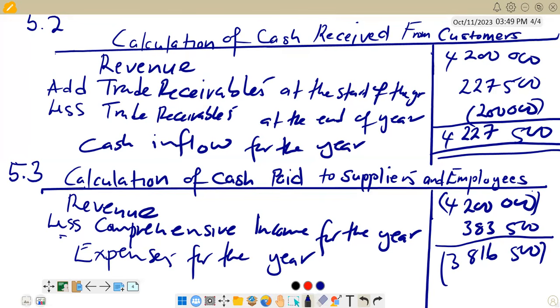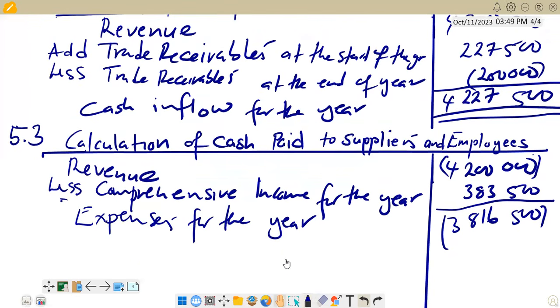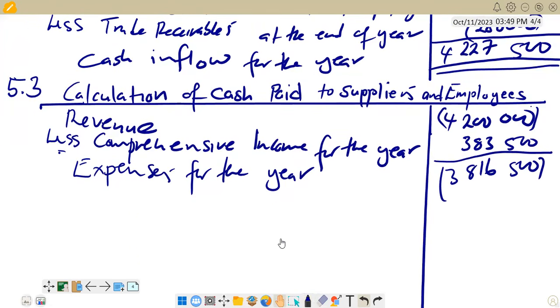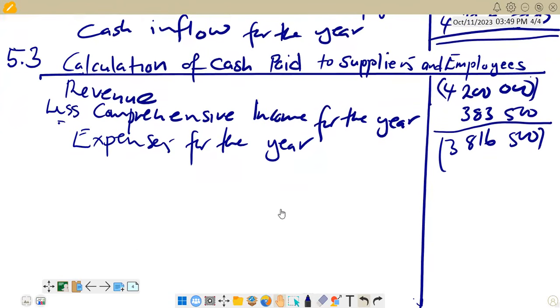Right. Then we go down to other adjustments here. Then we are going to look at any expenses or payments that are there in the question, and then we adjust for them.